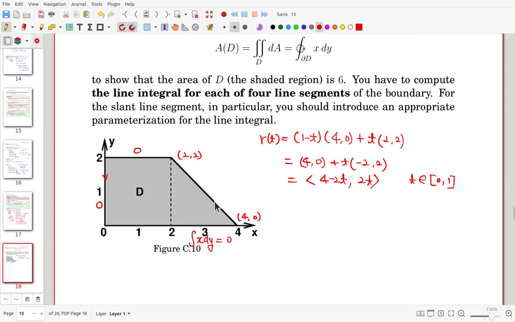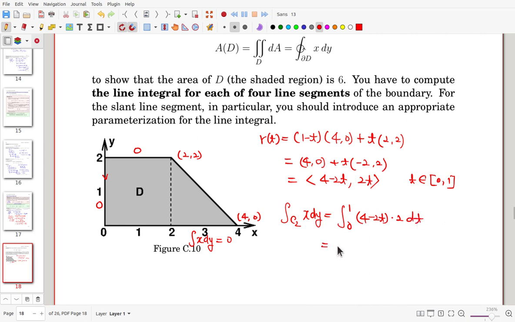So for this second one, the integral over C of x dy must be, from 0 to 1, x is 4 minus 2t, and y prime is 2, and dt.